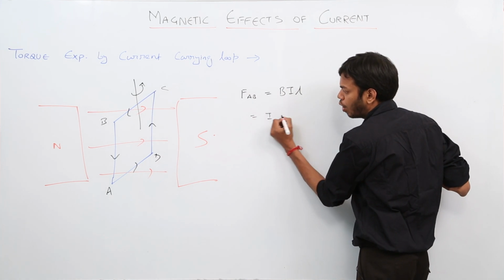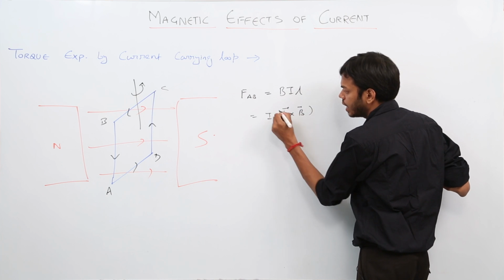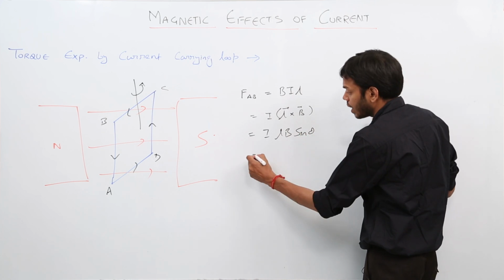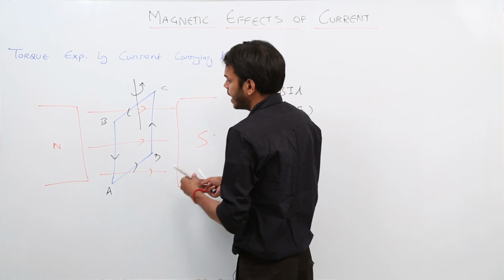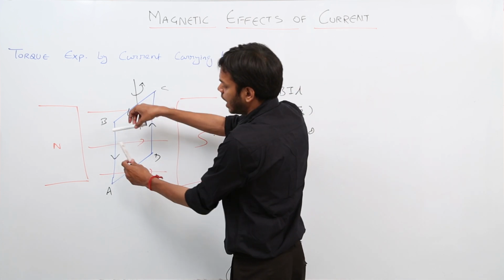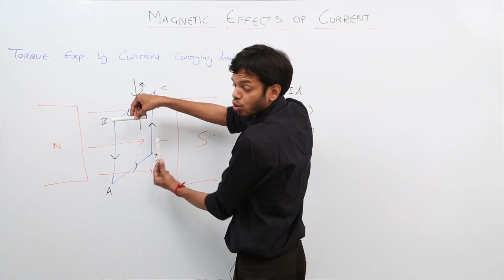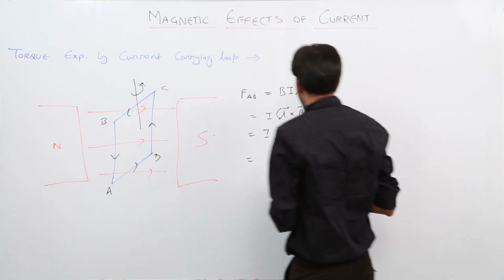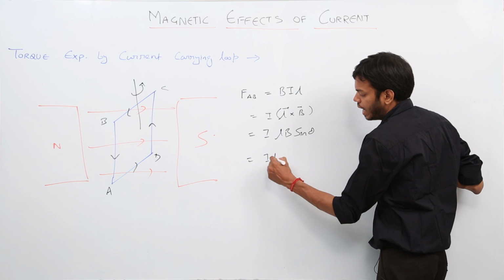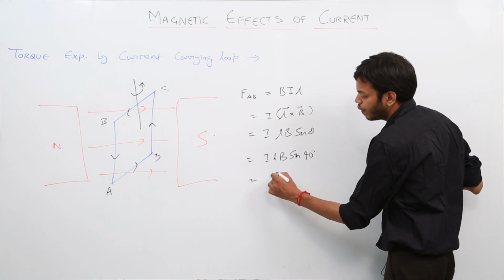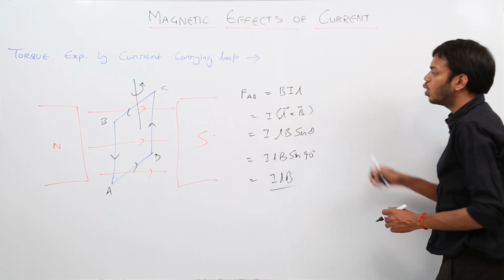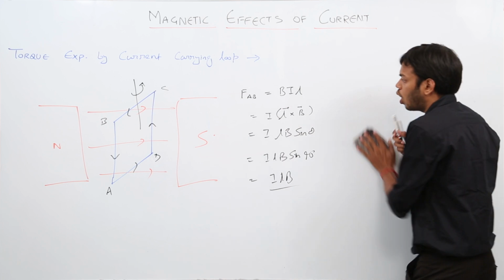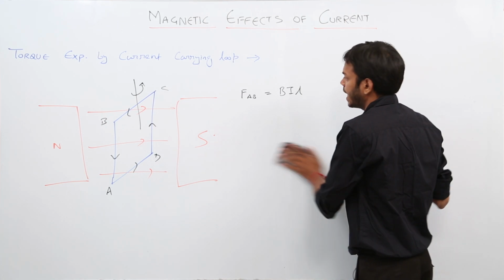Just understand the formula was IL cross B. If I expand this, I'll get ILB sin theta, where theta is the angle between L and B. No matter how this wire rotates, it always makes an angle of 90 degrees with the magnetic field. So theta is always 90 degrees, ILB sin 90 becomes BIL. That is why I wrote BIL straight away. You can write the whole thing or only this much, both are acceptable.